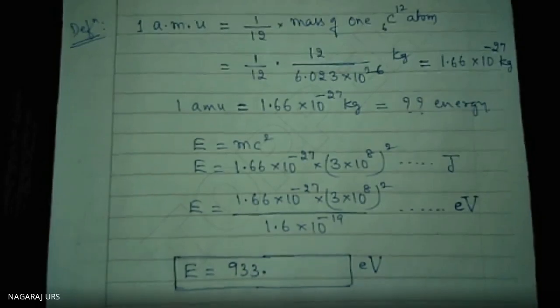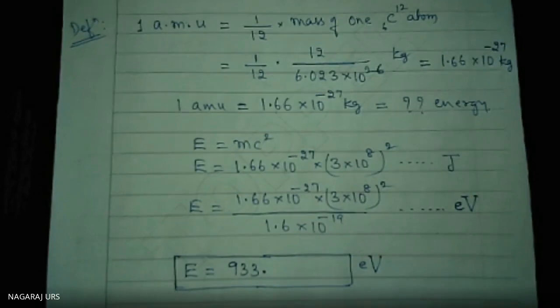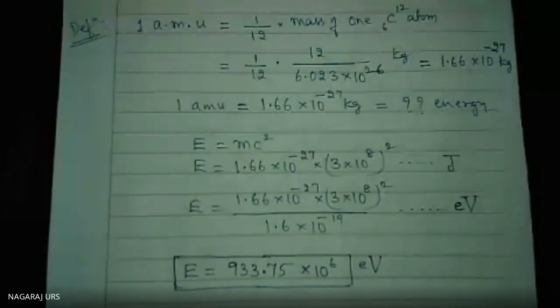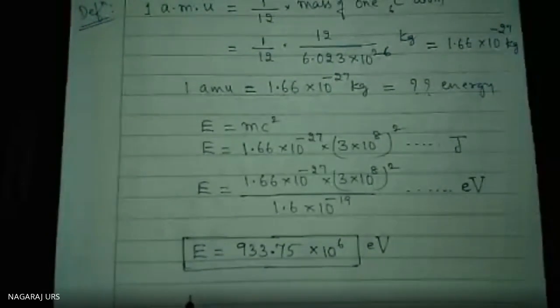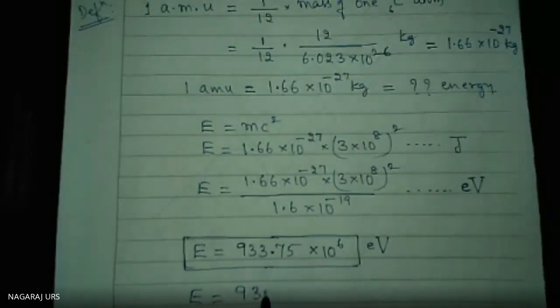Decimal point, first decimal point, how much you are getting? Into 10 to the power 6. 7. Okay. Right. But this can also be written like this. Answer we got it already. But only thing is I will change a little bit here.